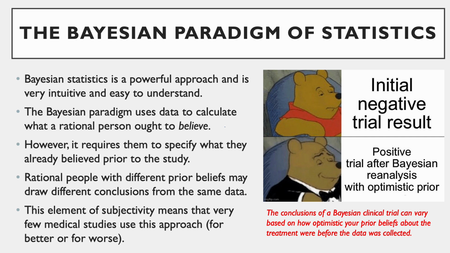And because rational people can have different prior beliefs, that means that two rational people can have different conclusions from the exact same data. This is not perhaps ideal for the system of medical research because we want to be able to say that a trial was positive or negative, and we don't want to make it relative to what the reader's beliefs before the trial were.